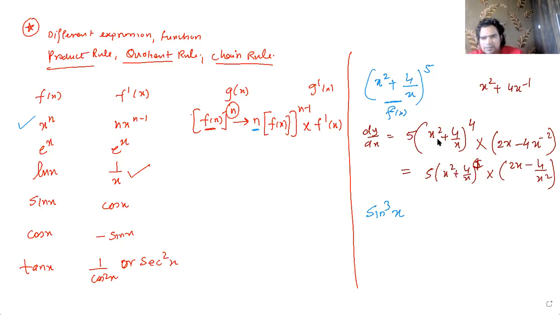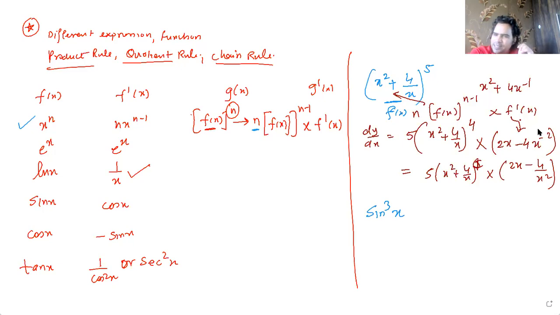That's the derivative of this part. So this is n f(x) to the power n minus 1 times f dash x. You can see f(x) here, and its derivative is here. So that's how you find the derivative of the first one.